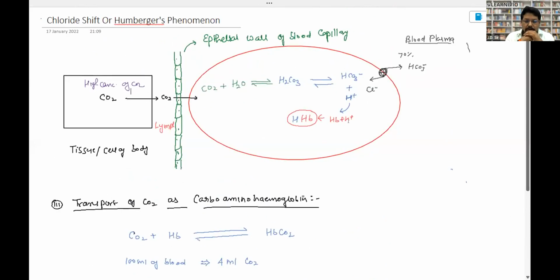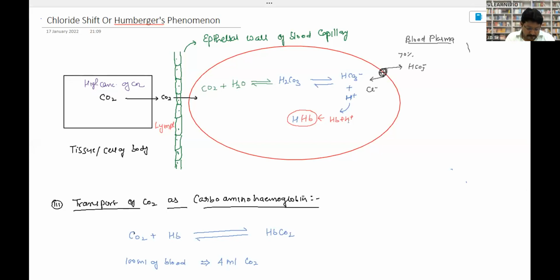Is it clear or not? Bicarbonate ion will go outside and chloride will come inside. Because of the entry of chloride, water will come inside and the size of RBC will increase.